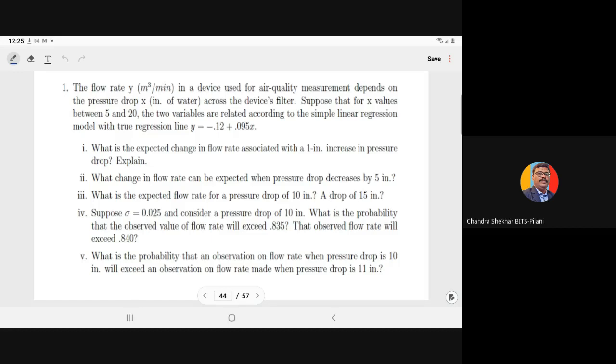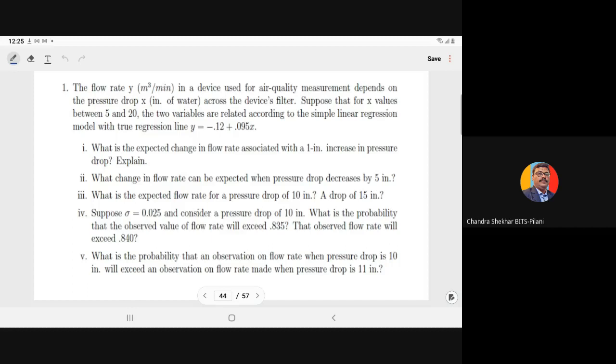The flow rate Y in meter cube per minute in a device used for air quality measurement depends on the pressure drop X in inches of water across the device filter.